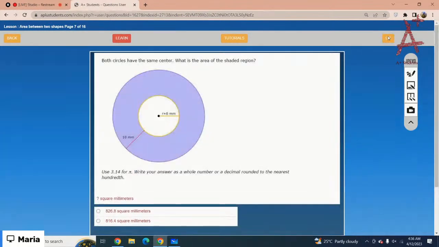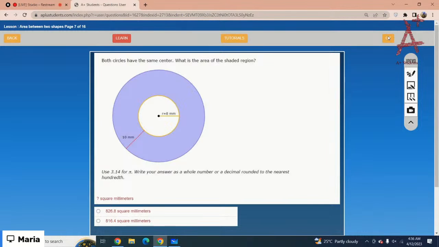Okay, both the circles have the same center. What is the area of the shaded region? Area of the circle is pi r square. Got it?